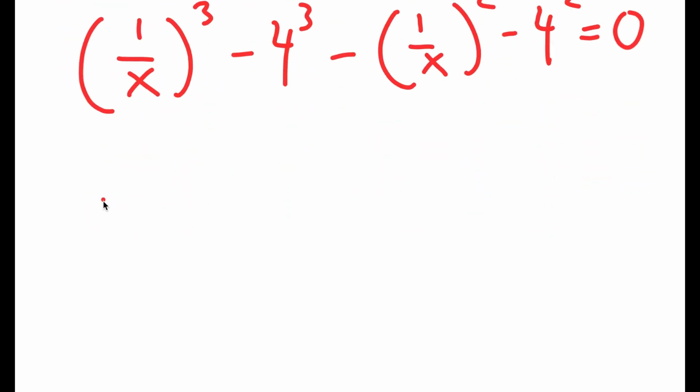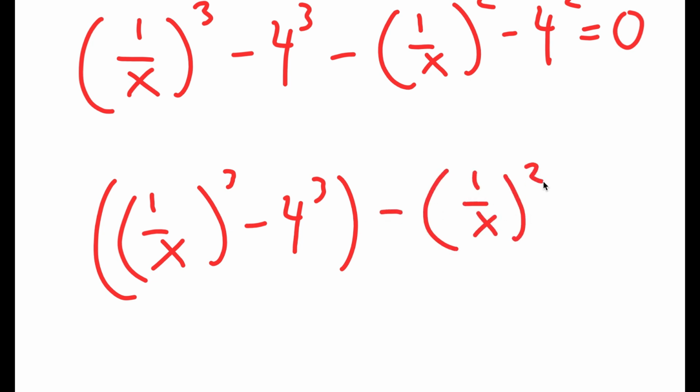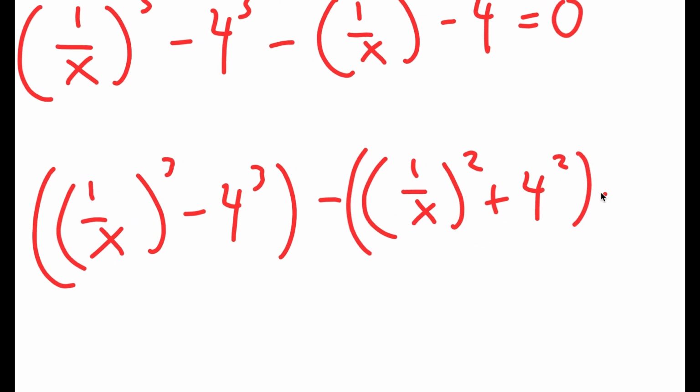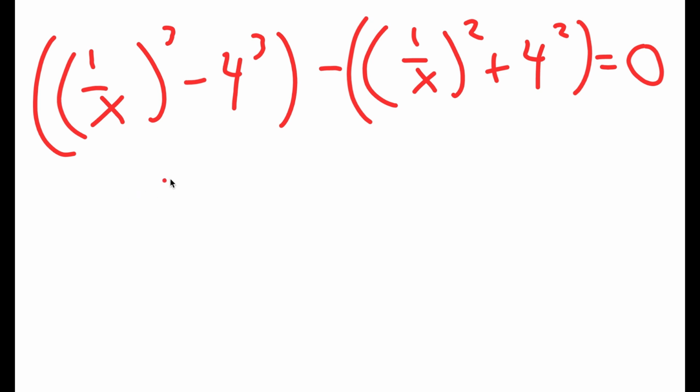And this is the same thing as 1 over x to the power of 3 minus 4 to the power of 3 minus 1 over x squared plus 4 squared. Now we're going to be using two properties.